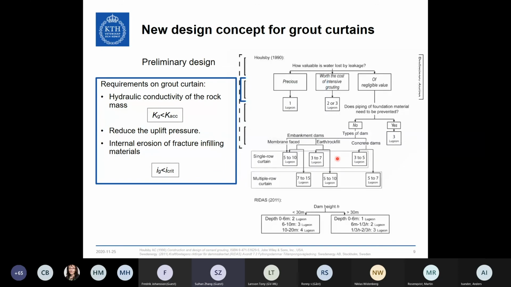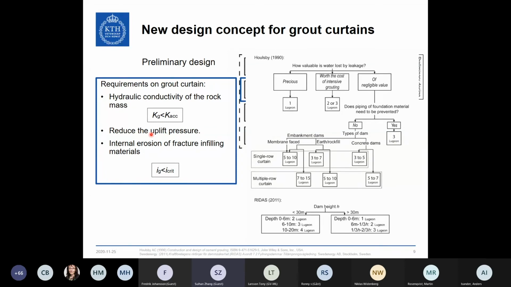So we want the grout curtain to reduce the hydraulic conductivity below an acceptable level, and this level can be chosen from standard grouting textbooks, or in Sweden from RIDAS, as there are also some regulations with limitations on the residual hydraulic conductivity after the grouting in relation to the dam head.